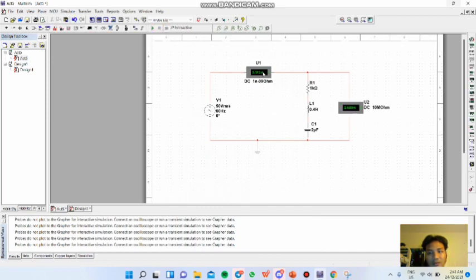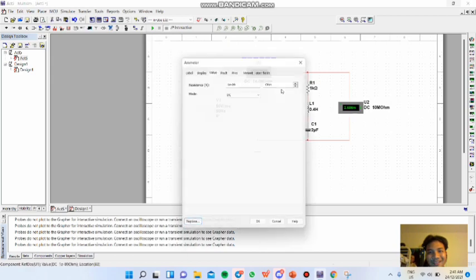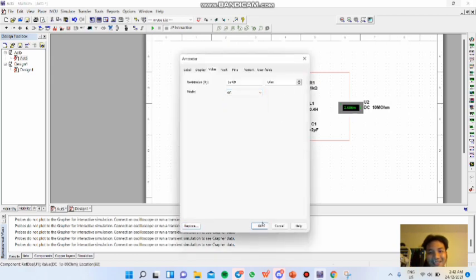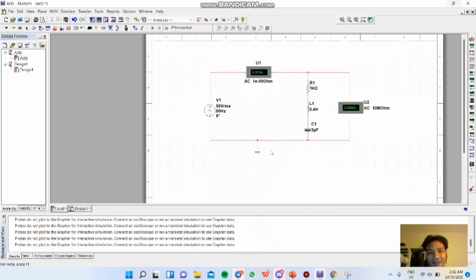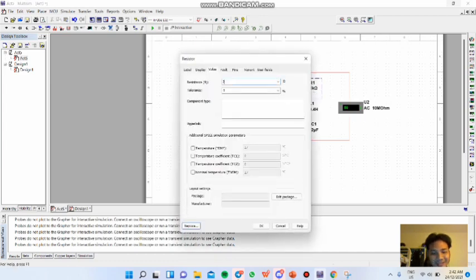First we need to change the indicator to AC mode. You can see the result here is 0.028 ampere, or we can turn it to milli, so 28 milliampere. And here we have 50 volt.